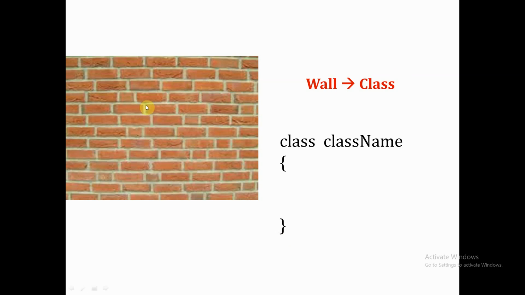Whatever we want to add for our house, we will add inside the boundary of our house. Same way, whatever we want to add for our Java program, everything should be inside our class. If you want to print something, get input from the user, or do some calculation, whatever it may be, it should be inside this class, the open curly brace and the closed curly brace.